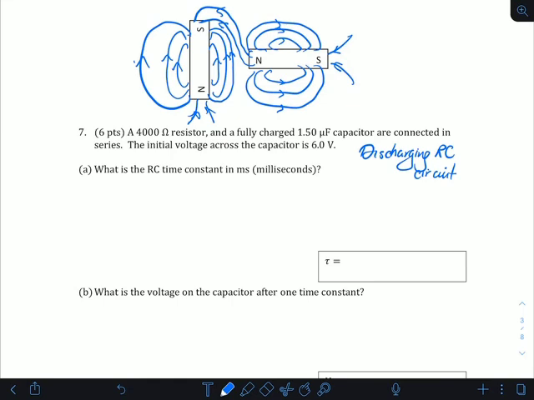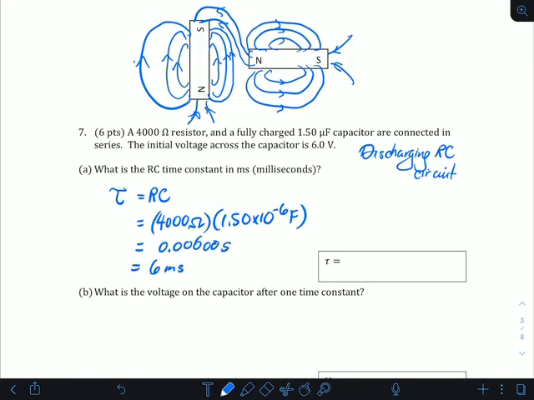In this case, we want to first find the time constant tau, and tau is equal to RC, which is 4,000 ohms times 1.50 times 10 to the minus 6 farads, which is equal to, let's erase this, it's actually equal to 0.006 seconds, which is equal to 6 milliseconds.